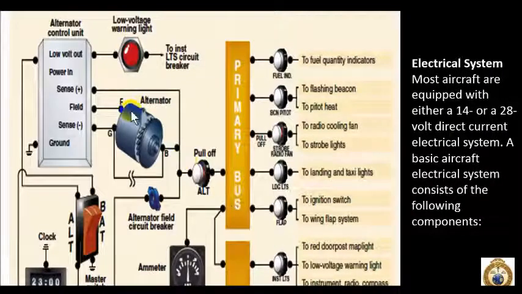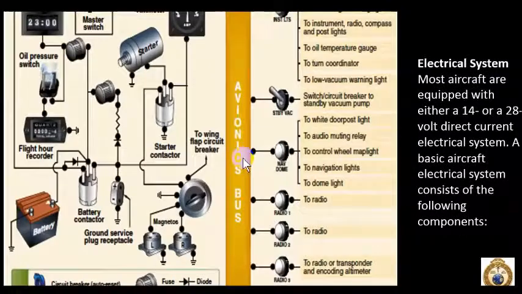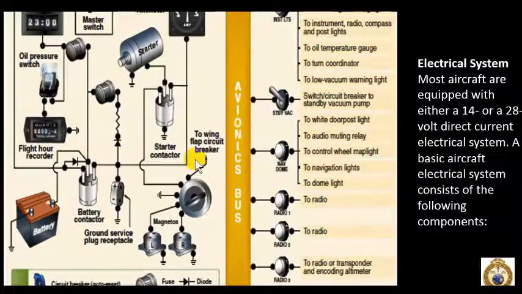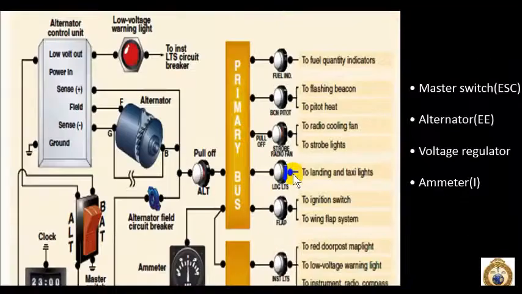We have an alternator up here, we have the master switch here, an ammeter or load meter here, we have an avionics bus, fuses which protect the components. So every component, radio, dome light, nav, we're safe because we have circuit breakers that will pop out in the event that the system is overloaded.